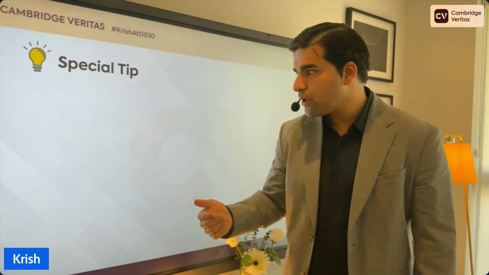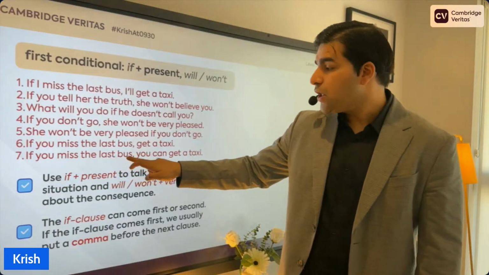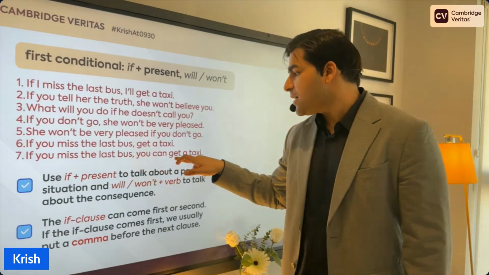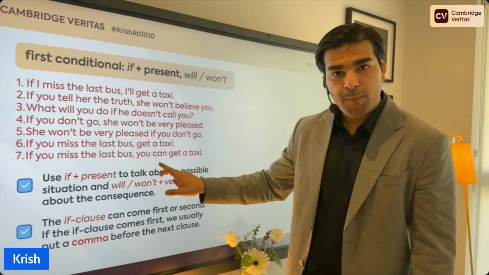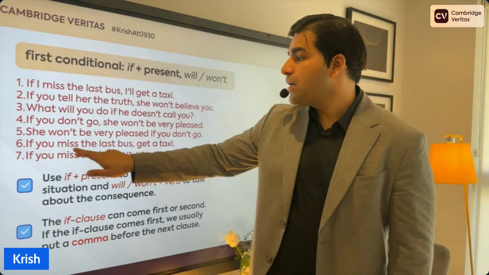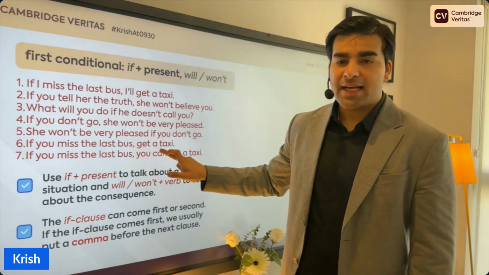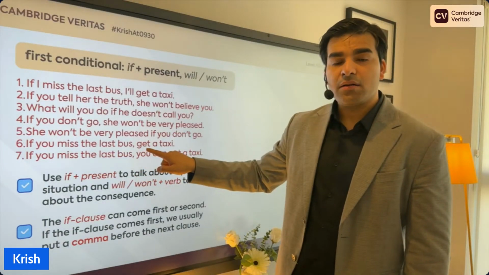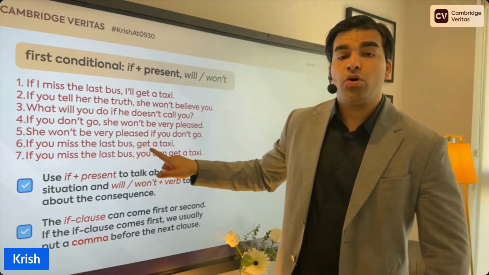For example, if you miss the last bus, you can get a taxi. So instead of will, I'm using can. And number 2, if you miss the last bus, get a taxi. So I'm not saying you will get a taxi or you can get a taxi.